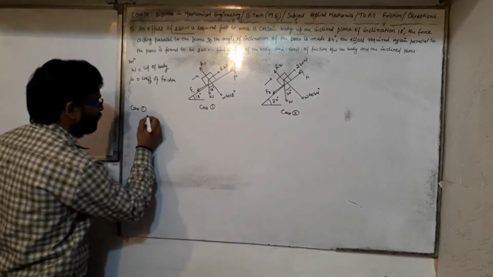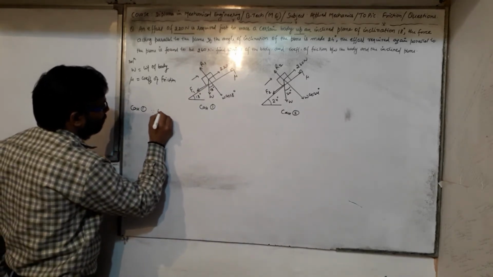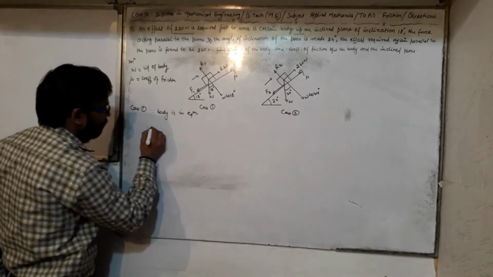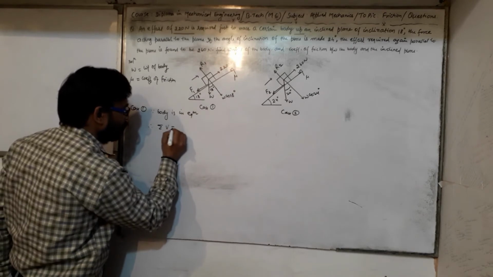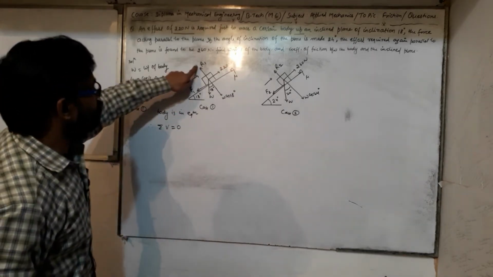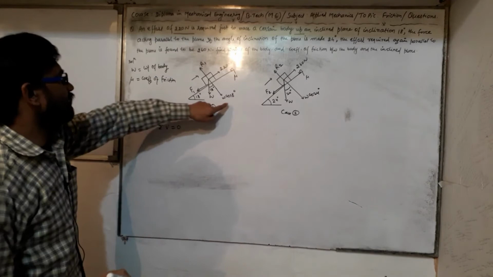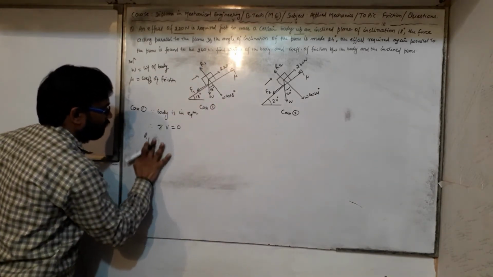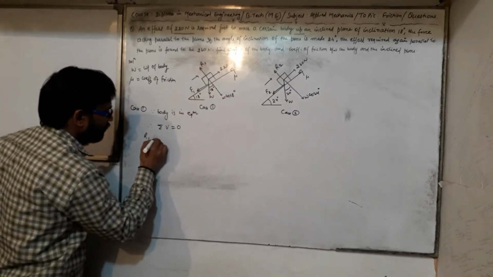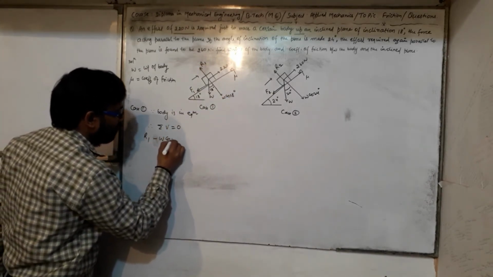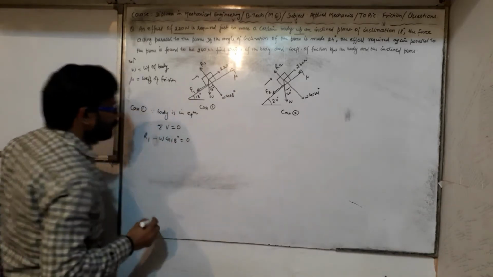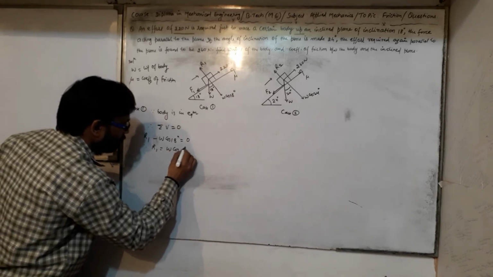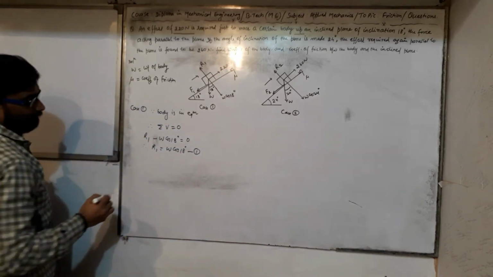So since the body is in equilibrium, summation of vertical forces is equal to 0. Here there are two forces, one is R1, another is W cos 18 degree, both in opposite direction. So we can say R1 minus W cos 18 degree equals 0. Therefore R1 equals W cos 18 degree. Let us say it is equation 1.